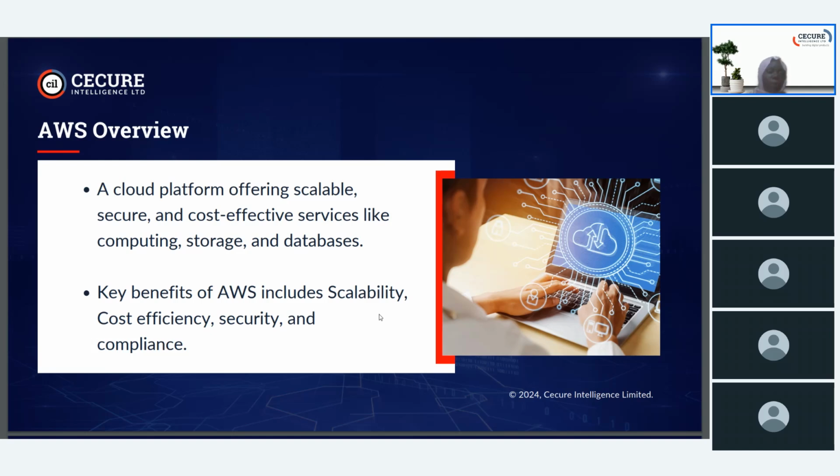Besides scalability, another reason why people use AWS is because AWS operates in over 30 regions and over 100 availability zones. And that makes for global accessibility by applications or by users. AWS uses a pricing model called the pay-as-you-go pricing model.